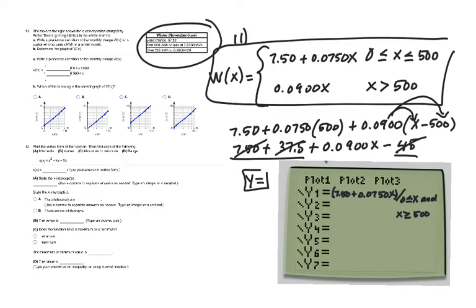To type in the inequality, first let's type in 0. Okay, and then to get the less than or equal to, we'll choose second, math. Second, math will get us to the inequalities, and we'll choose less than or equal to, which is 6.